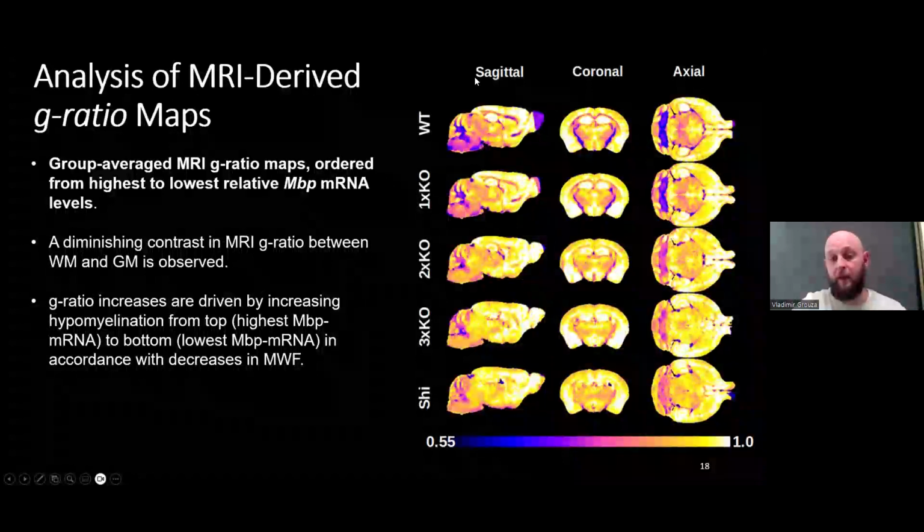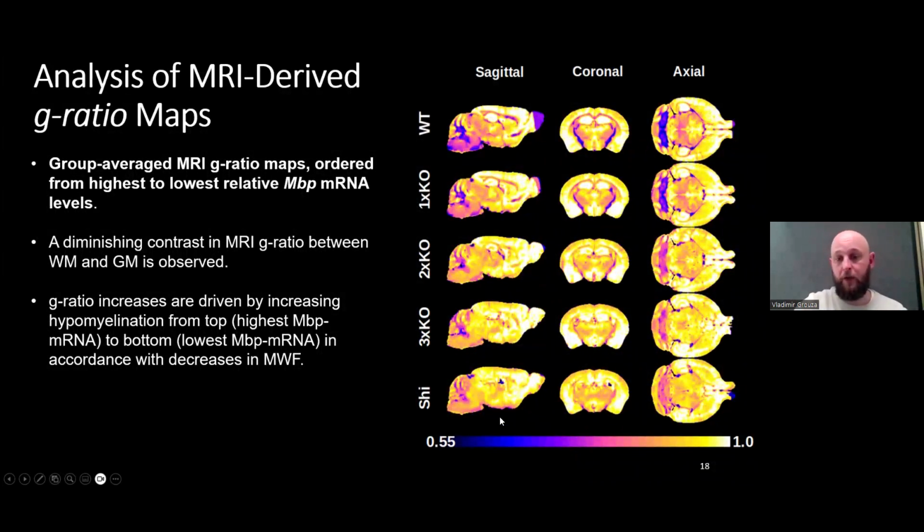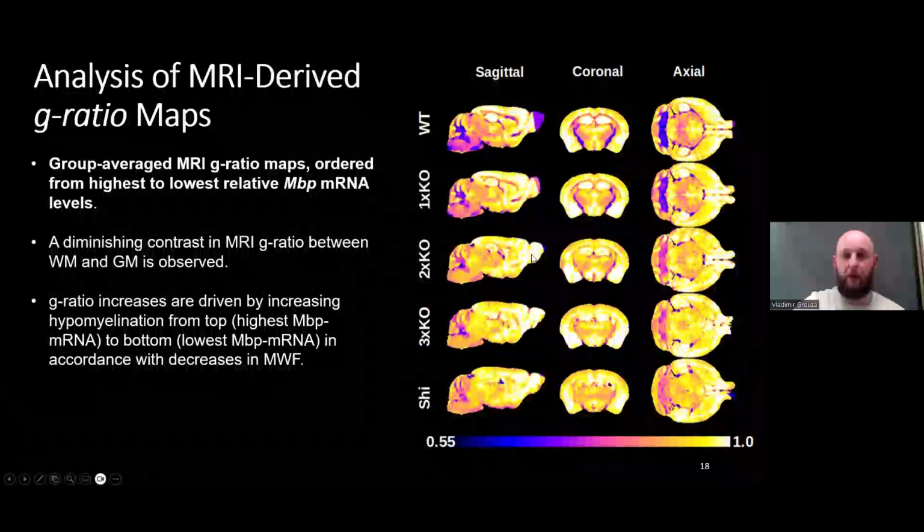And we can see that as a function of increasing hypomyelination, our G ratio contrast is increasingly obliterated in these animals. The lower the G ratio, the more myelin essentially, under the assumption that axonal density stays the same. So we can see that all of the white matter tracts that we're familiar with become less and less pronounced, suggesting that our G ratio is increasing because our myelin is decreasing.